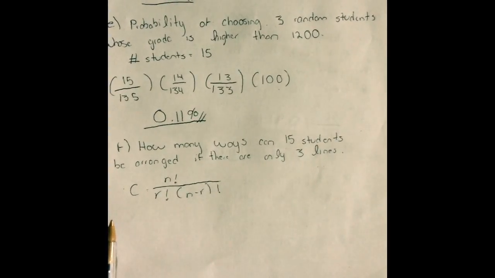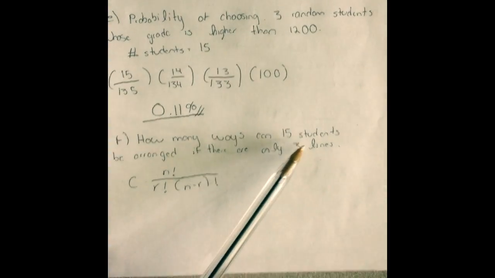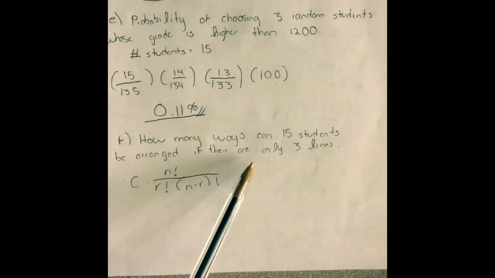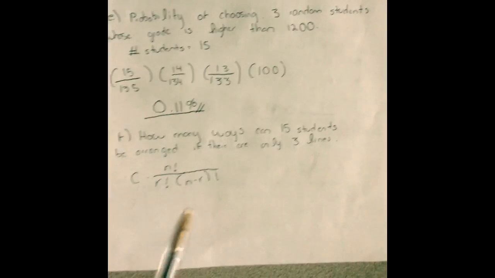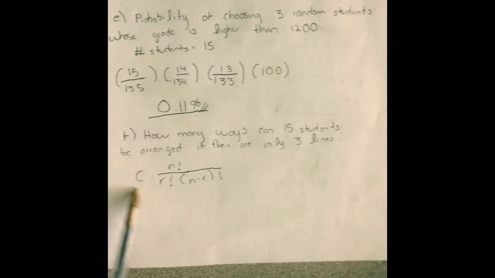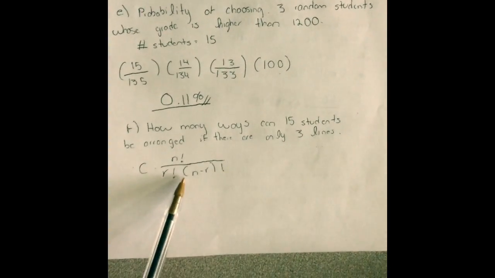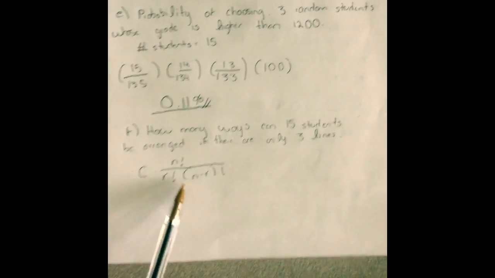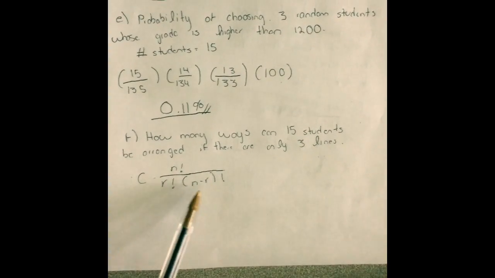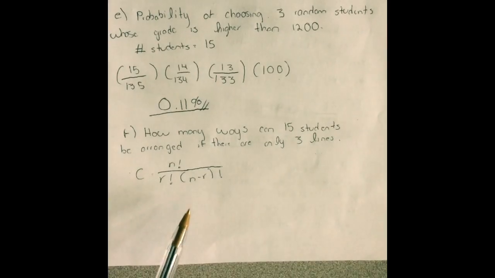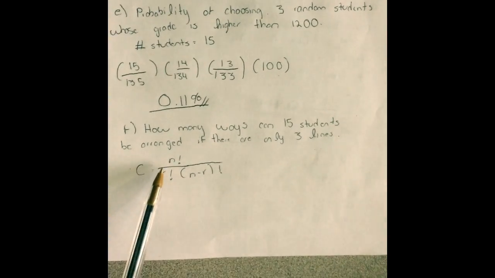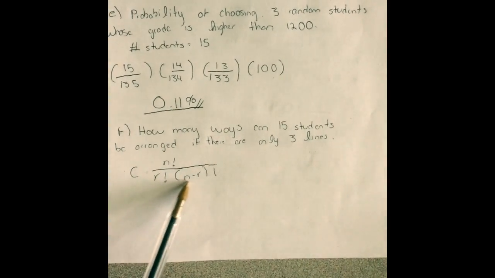Alright, problem F asks us to obtain how many ways can 15 students be arranged if there are only 3 lines. In order to solve this problem, we will use a combination law. It asks us for the number of possible combinations without considering a specific order. In the formula, n is a set of elements and r is always going to be lower or equal to n.